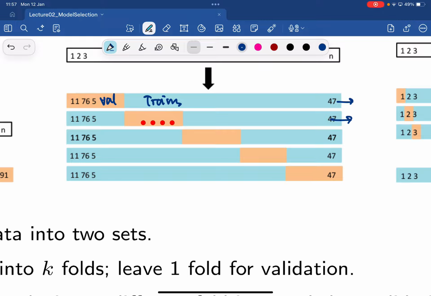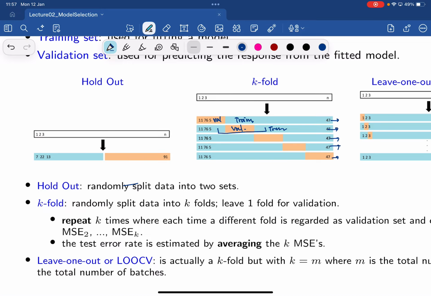This is the second trial that you shuffle your data, where the blue is your training and the yellow is your validation. So if you keep shuffling like this, let's say, for example, you shuffle it 5 times, you will get 5 validation performances, right?